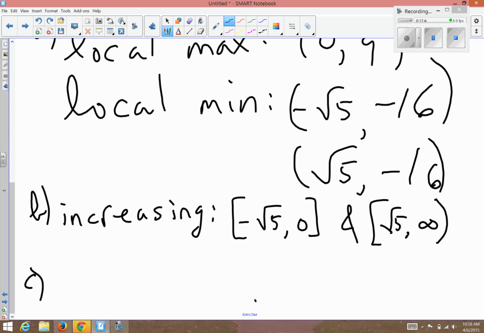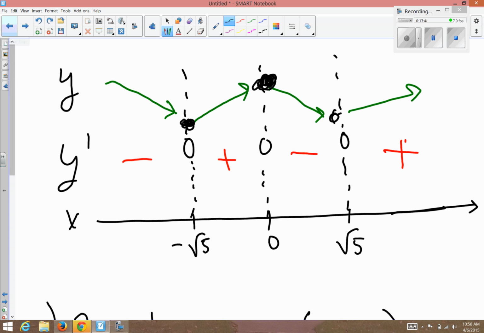Part C, intervals on which the function is decreasing. So look back up here. Here's decreasing right here. When I say here, I mean from negative infinity up to this x, negative radical 5.